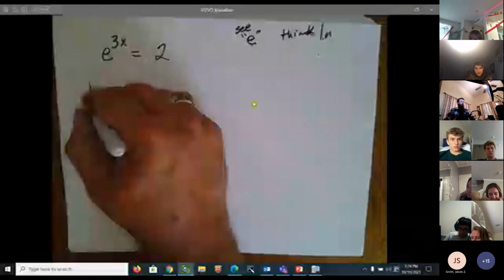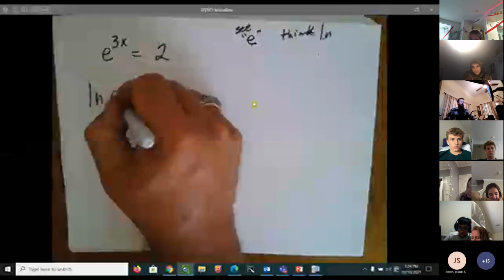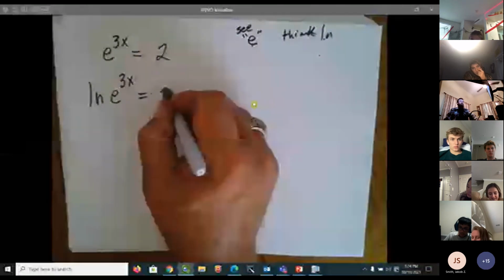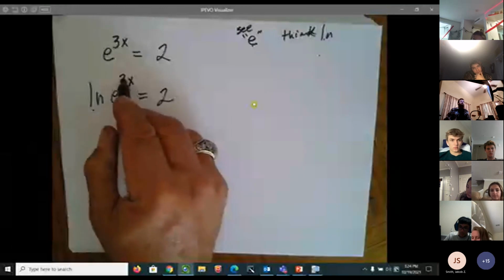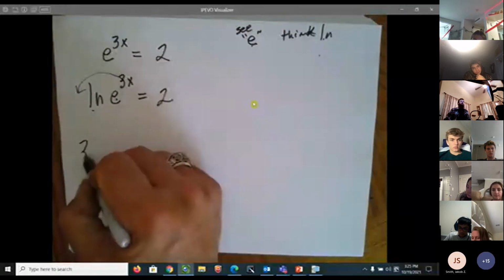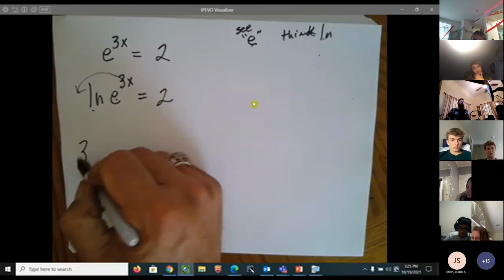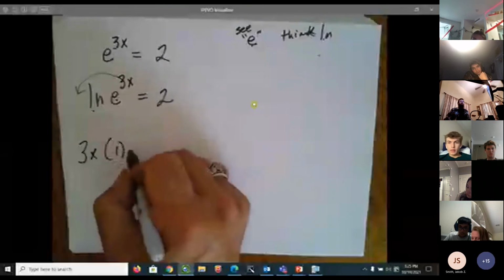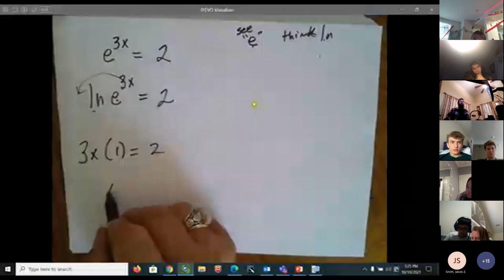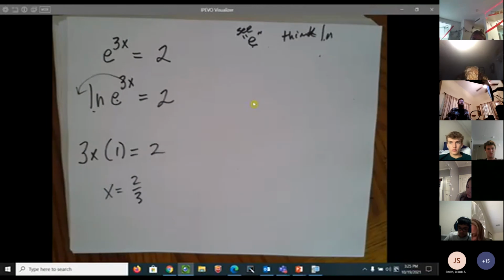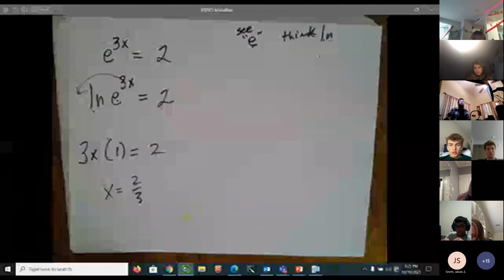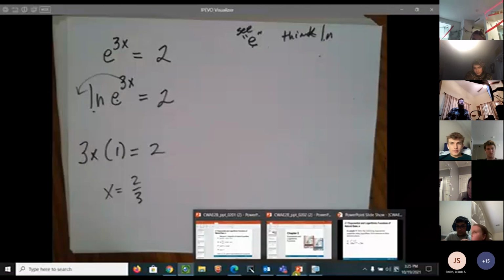Natural log of e to the 3x is equal to 2. Natural log of e goes out. That 3x comes out to the front using the power rule. 3x times 1 basically equals 2, and x is equal to 2/3. Again, that's review. You should be okay with that.